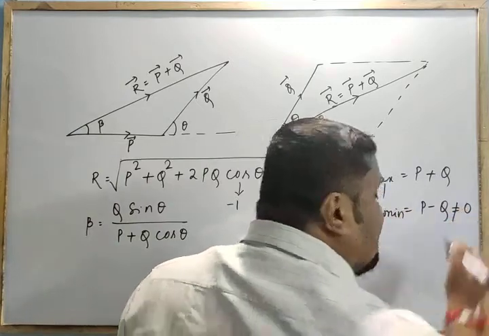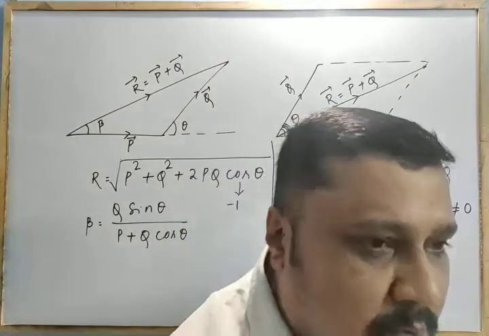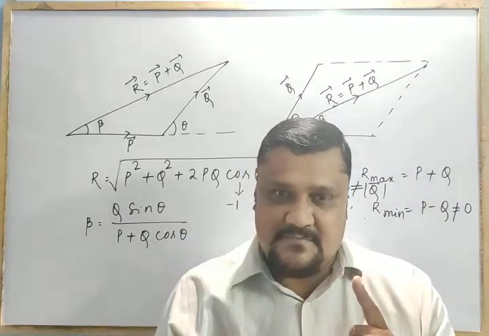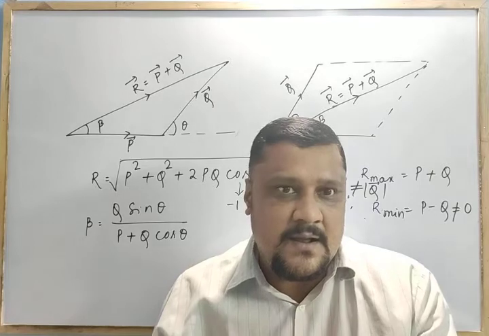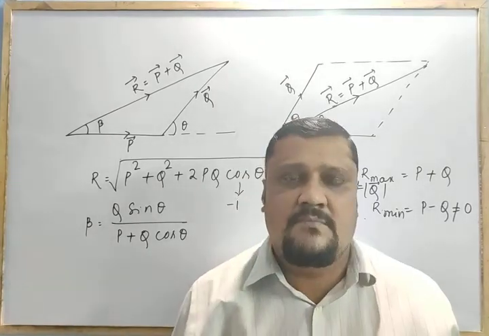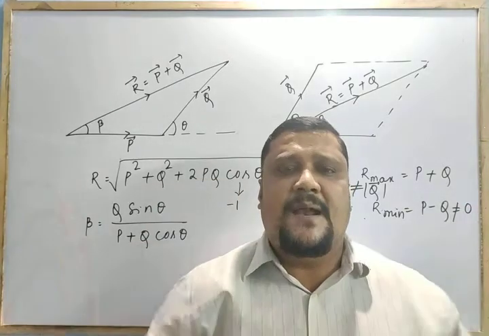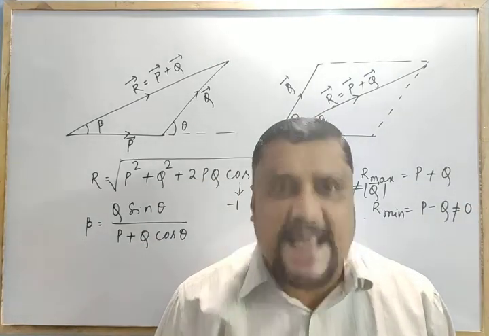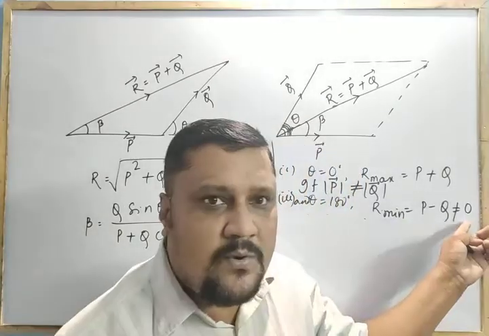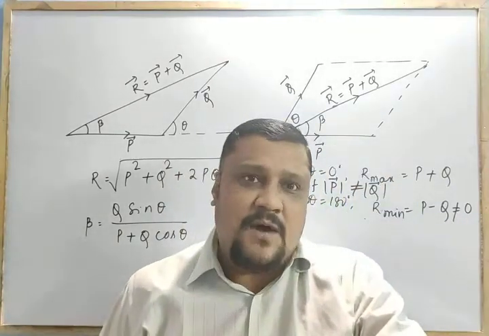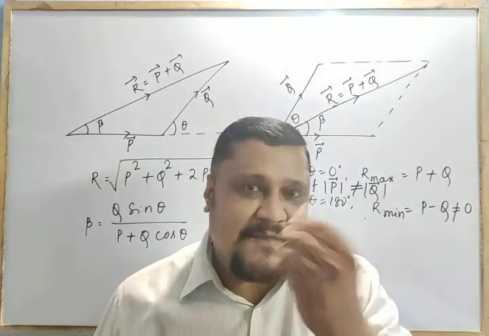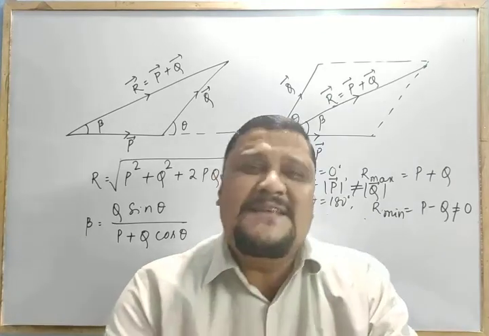P minus Q, which is not equal to 0. It means that for two unequal vectors, of different magnitude, anti-parallel, the resultant is not equal to 0. So to make this resultant 0, I need another vector. Simple logic, understand this.